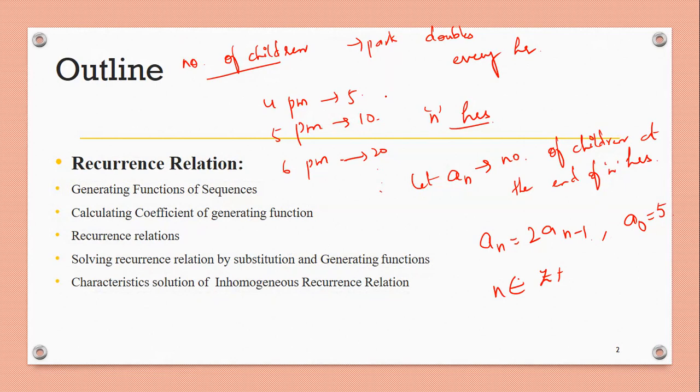When we have counting problems which cannot be solved using the techniques discussed in unit 3, we can instead use recurrence relations. A recurrence relation is basically a relation between the terms of a sequence, as we have done in this example, the number of children problem.